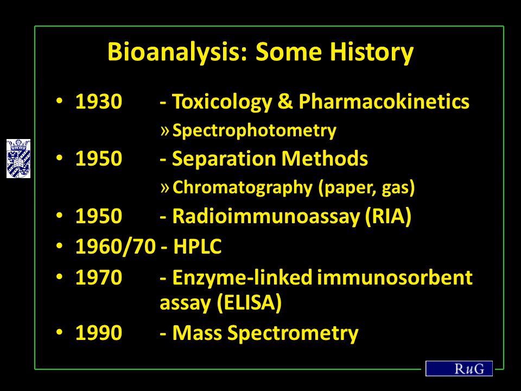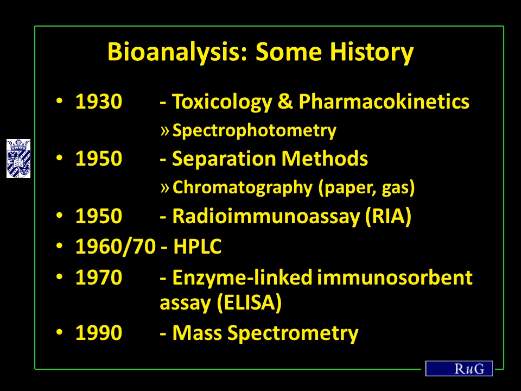In the 1970s, a very important method was introduced. It's called enzyme-linked immunosorbent assay, so-called ELISA. It's also a ligand-binding assay where antibodies bind drug molecules, but the detection is not done by radioactivity, but rather by an enzymatic reaction generating a colored product or maybe a fluorescent product. Again, you will hear more about this in a later part of this lecture.